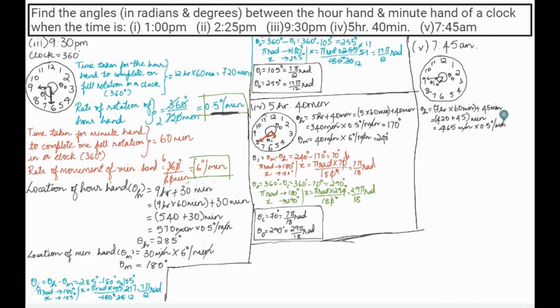Minute unit and minute unit cancel out each other. Theta h is equal to 232.5 degrees.